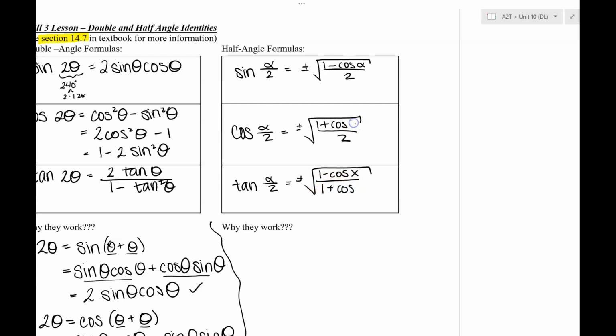Sorry guys, we're not dealing with x. That is definitely alpha. Please keep your angles consistent. And something to note as you're memorizing these: for sine, sine is subtraction, cosine is not, and then tangent is sine over cosine, so subtraction over addition, something to think about.